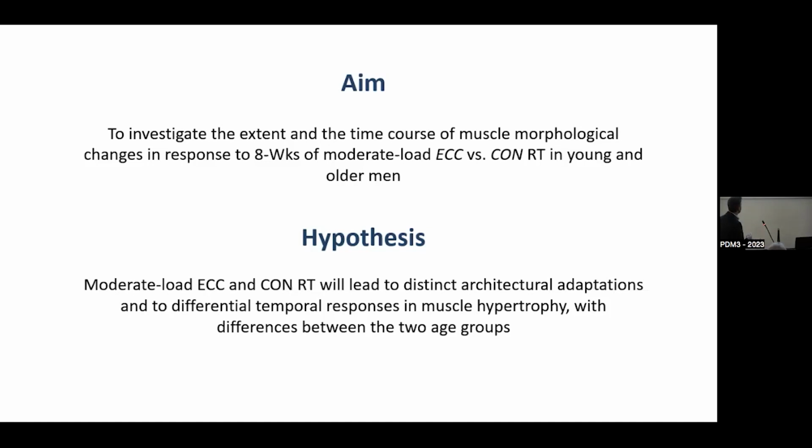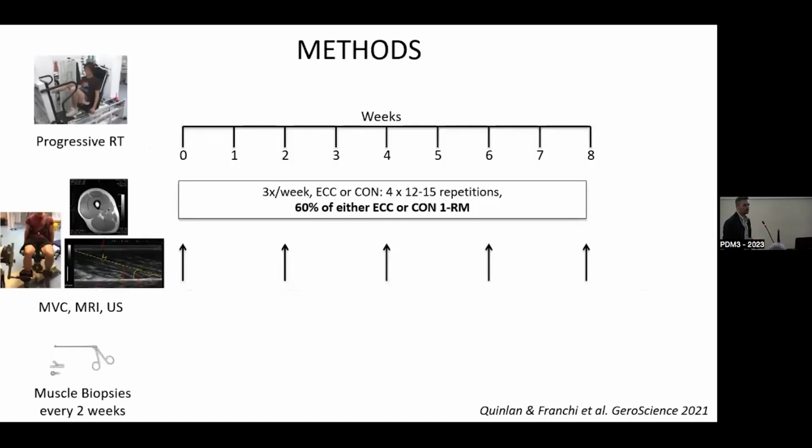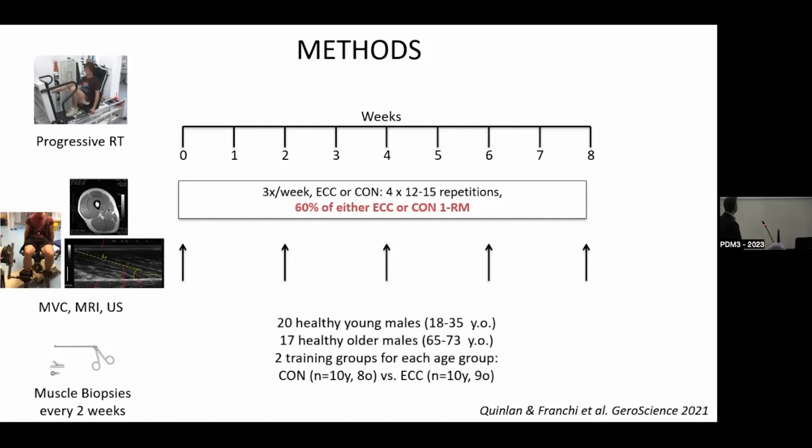And the hypothesis was that the moderate load eccentric and concentric training will lead to distinct architectural adaptations and differential temporal responses in muscle hypertrophy, possibly with differences between the two age groups. So this is actually what we did.